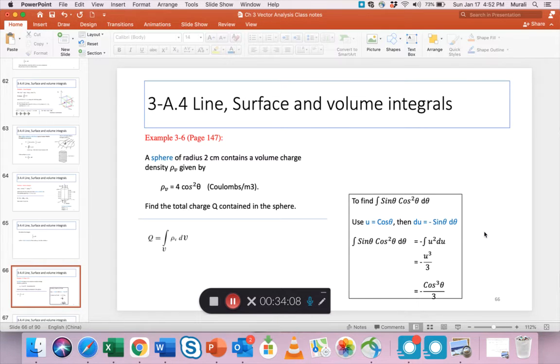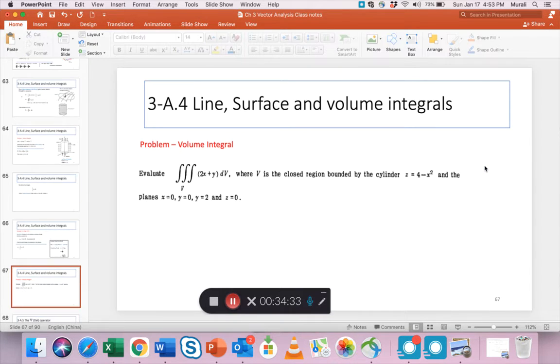But it is a triple integral, so it can be a little scary, but I think you will be able to figure it out. Use my notes to understand, but the answer comes out to be 44.68 microcoulombs to answer the question, what is the charge in the sphere? Okay, so that's one example of a volume integral.